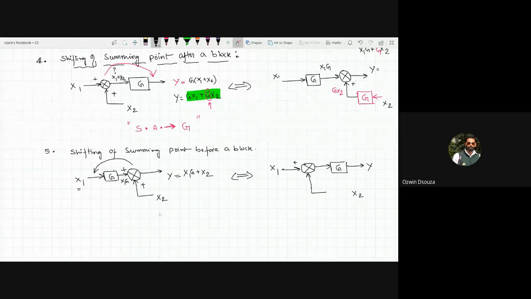Just like that, we have moved the summing point before G. Now let's see whether, with this movement, we are getting the same output or not. If you get the same output, then you can say the step we have carried out is valid. Now this is x1, and this is x2.